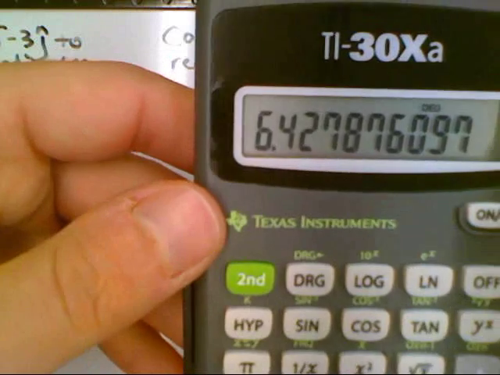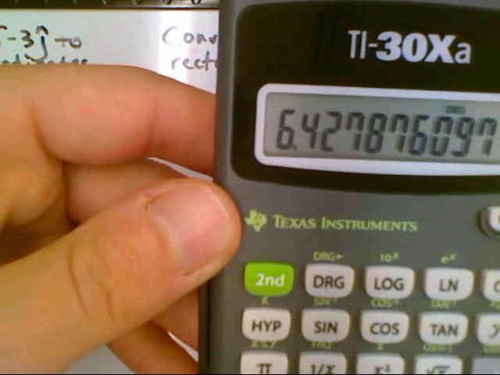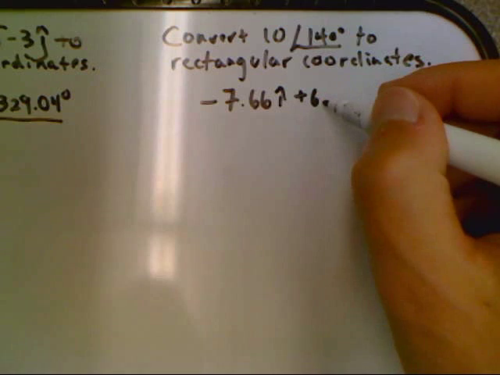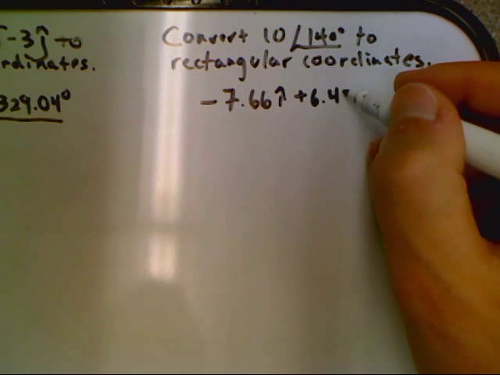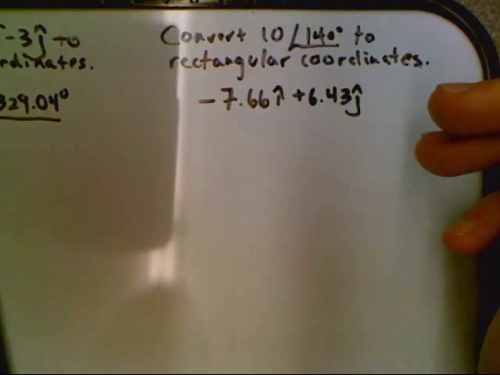And that gives you 6 and 43/100 for your Y or J coordinate.